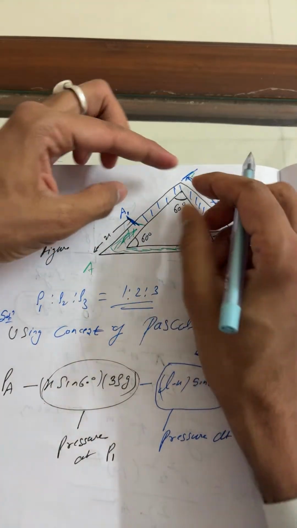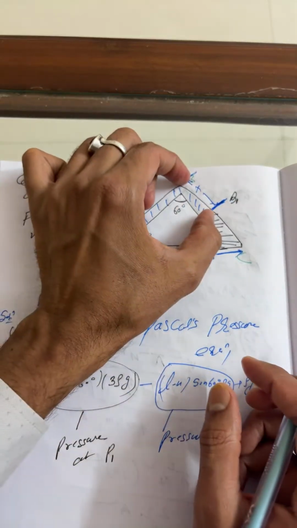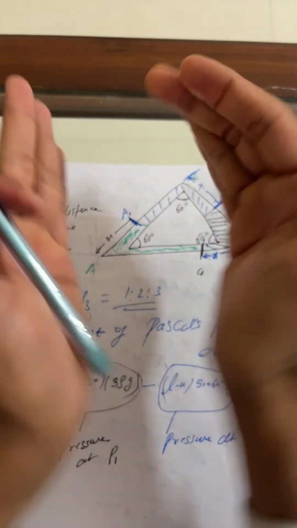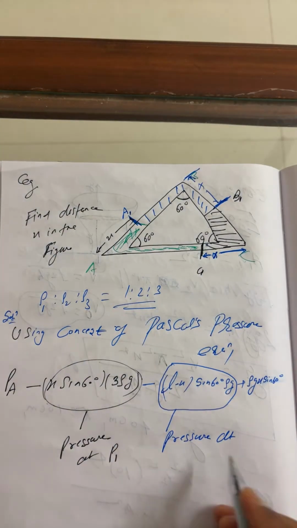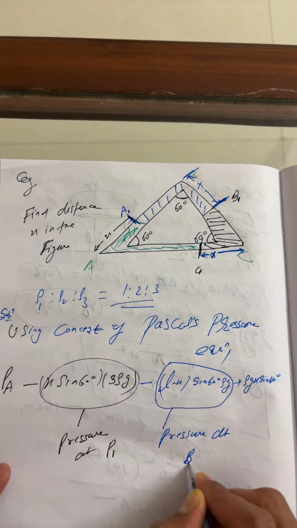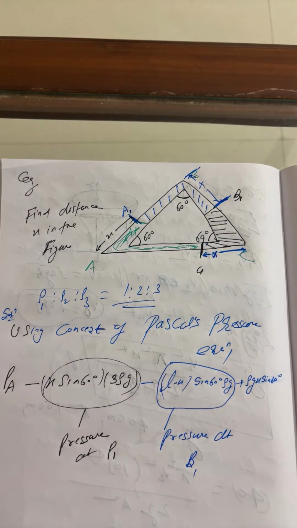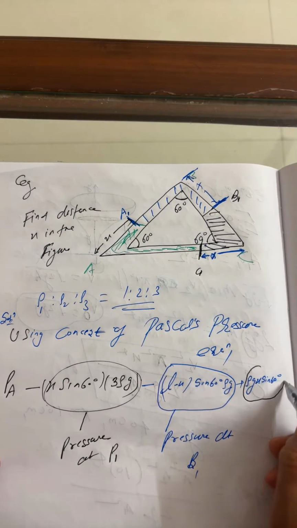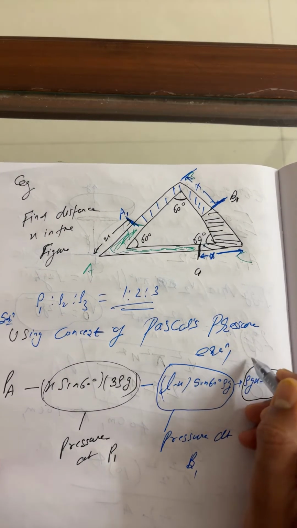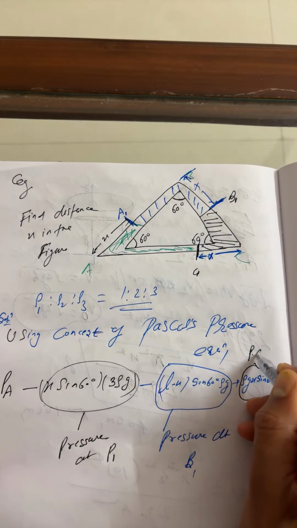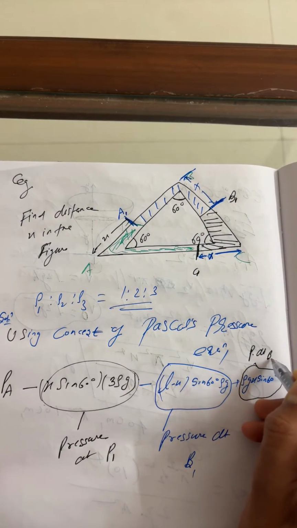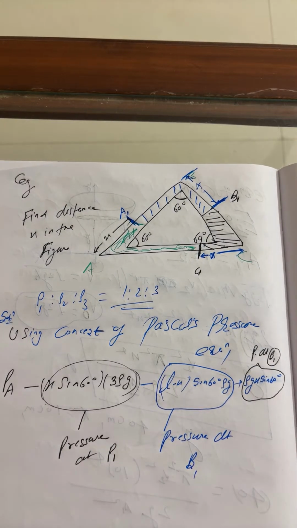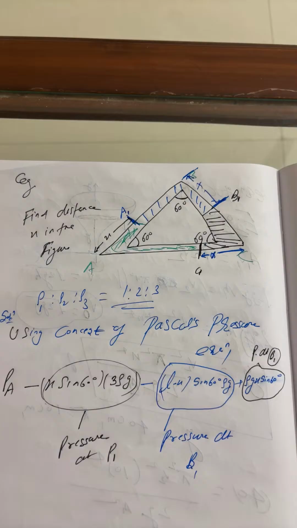Because this is X and so this is L minus X. This is X. So at B1 due to two causes, this length as well as this length here. So pressure at B1, this expression also I wrote. I have written pressure at B1, my dear.